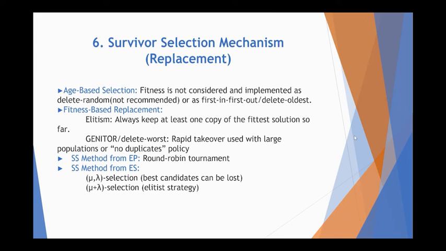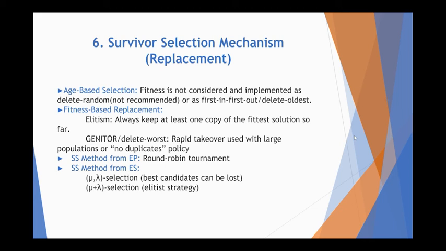The next one we'll discuss is fitness based replacement. We have two types of fitness based replacements: elitism and genitor. In elitism, at least one copy of the fittest solution so far is always kept. This way, the fitness of the population is maintained. In genitor or delete worst, rapid takeover is used with large populations or a no duplicates policy.